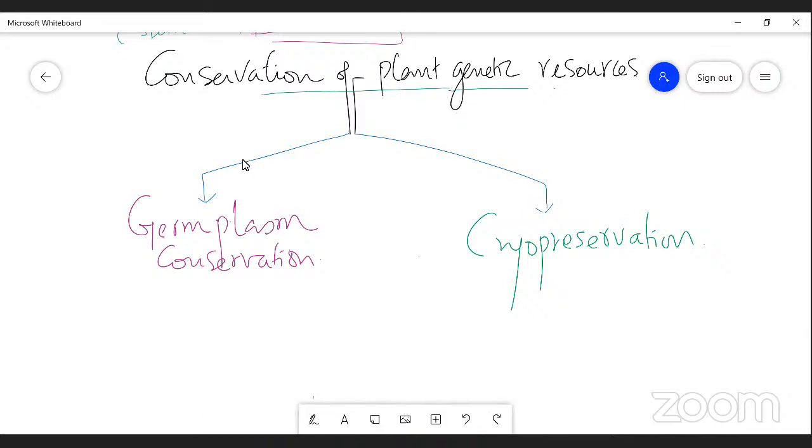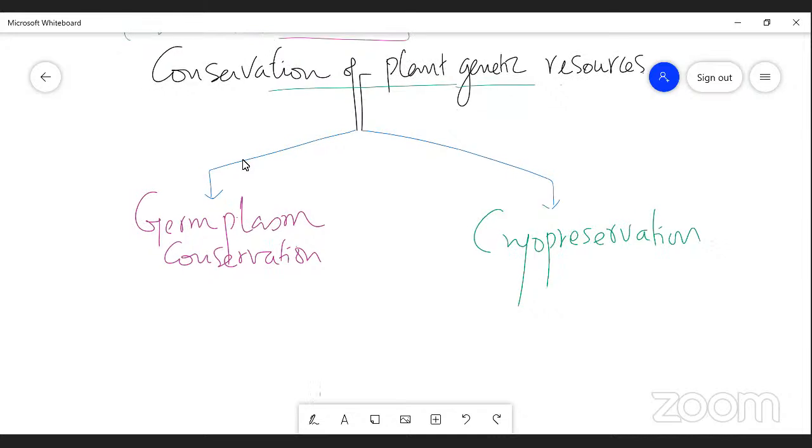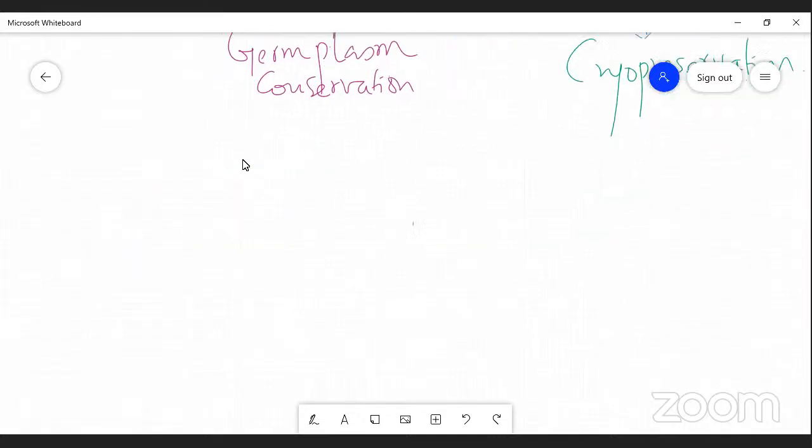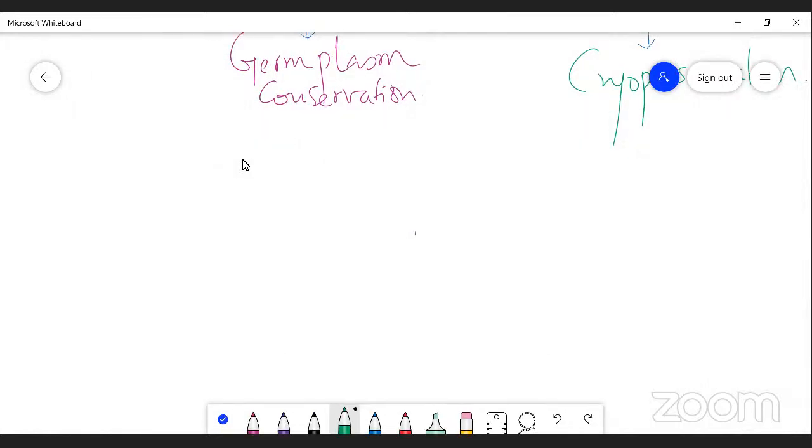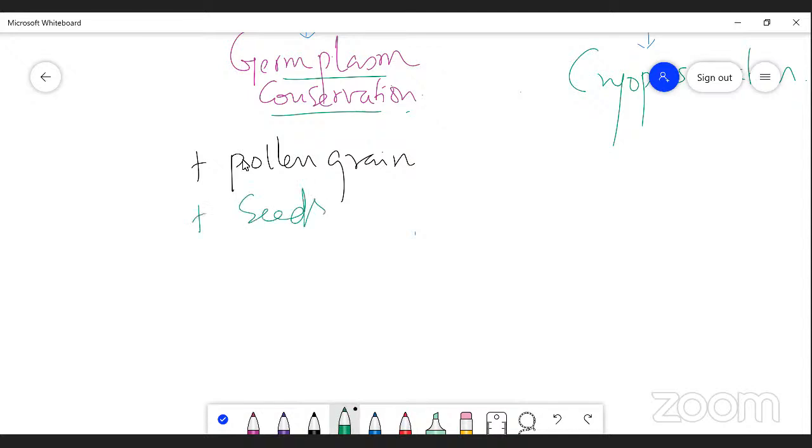So first of all, let me take germplasm conservation. Actually, germplasm conservation is a type of conservation of plant genetic resource in which we protect pollen grains. So the first thing is pollen. Pollen grains are protected or conserved. Not only that, seeds are also protected.